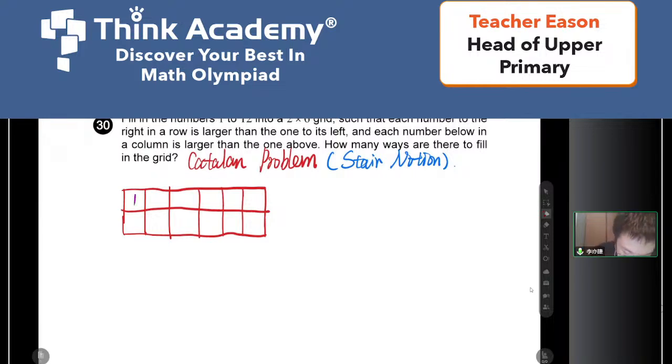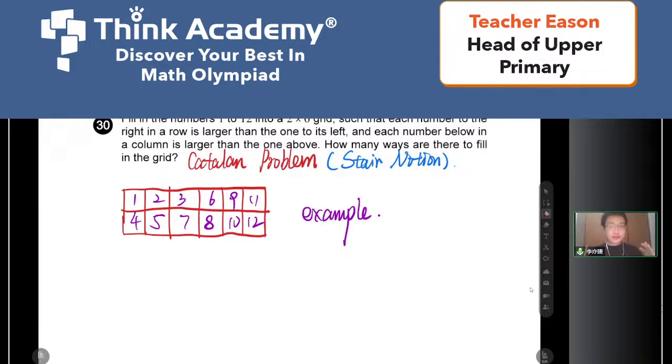So for example, 1, 2, 3, 4, 5, 6, 7, 8, 9, 10, 11, 12, right? So this is a way we satisfy the need. This is an example. But it's asking for how many ways there are.